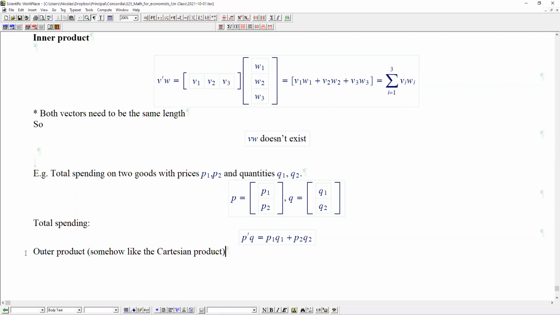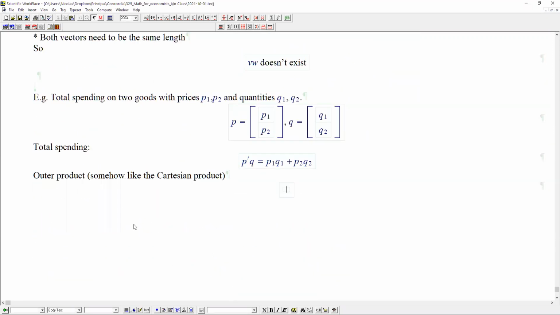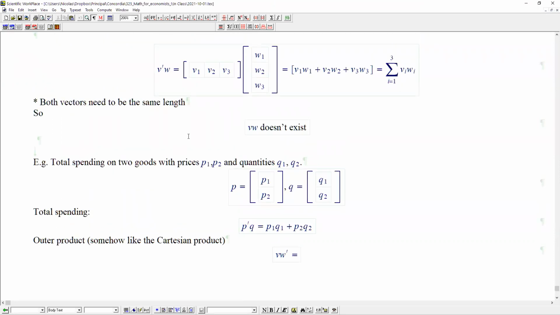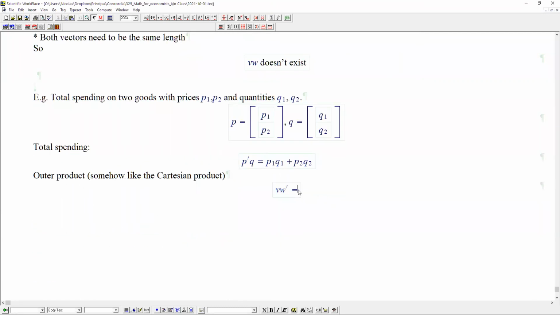So the outer product looks the same. Going back to my example, V and W. If I have V W prime, this is the outer product. And how do I write it? I write it this way. So V is in its original way, just a column vector.